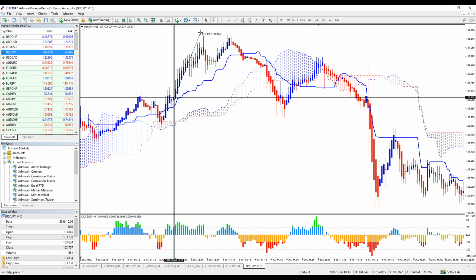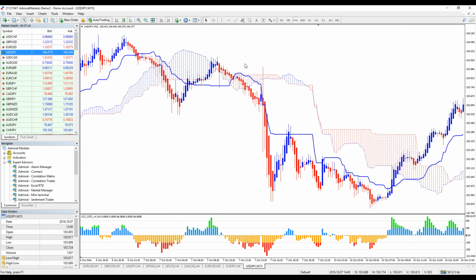And you see what happened. Now, this is not a biased system. So you can go with a trend. And trend is explained by the blue line and cloud. When the cloud changes color and you see that price goes below the blue line that is below the cloud, the price is in downtrend.